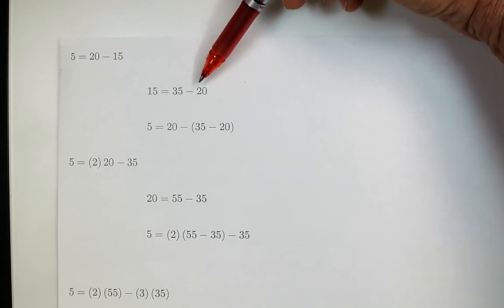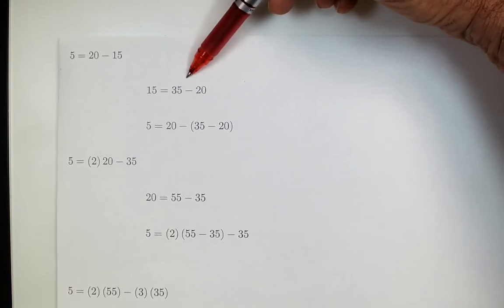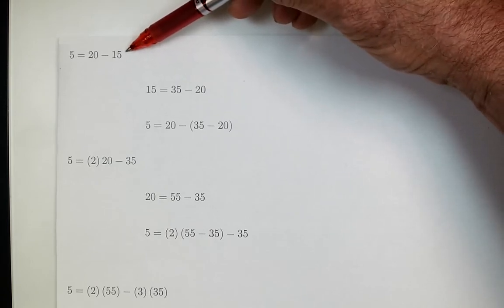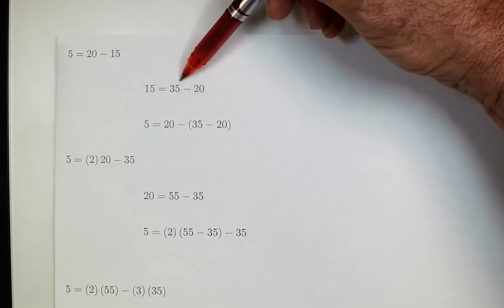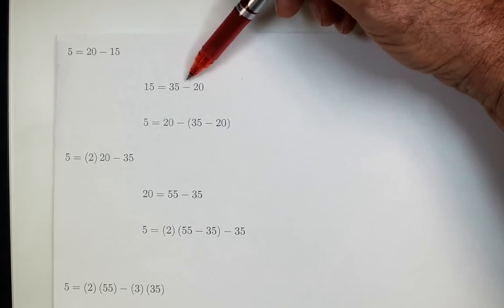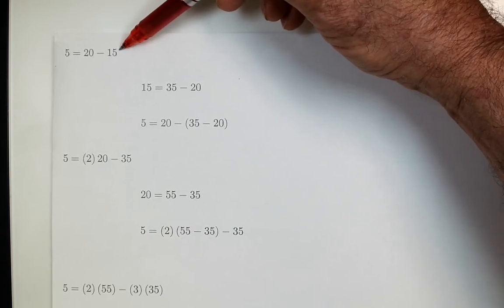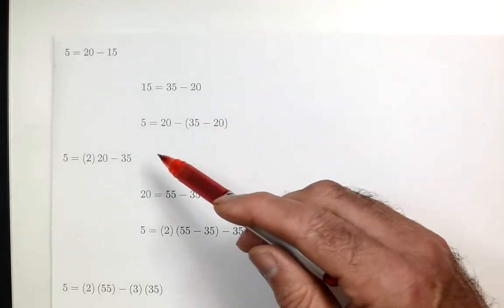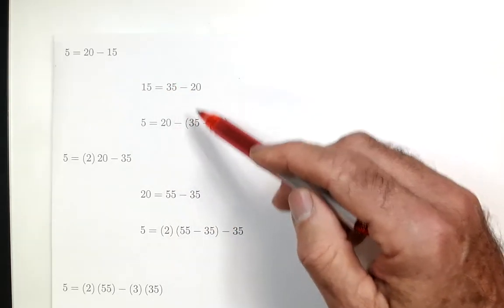And then we substitute this expression for the smaller divisor 15 into the previous equation. So here we have an expression for 15, 35 minus 20. We substitute that for 15 in the previous equation, giving us 5 equals 20 minus (35 minus 20).